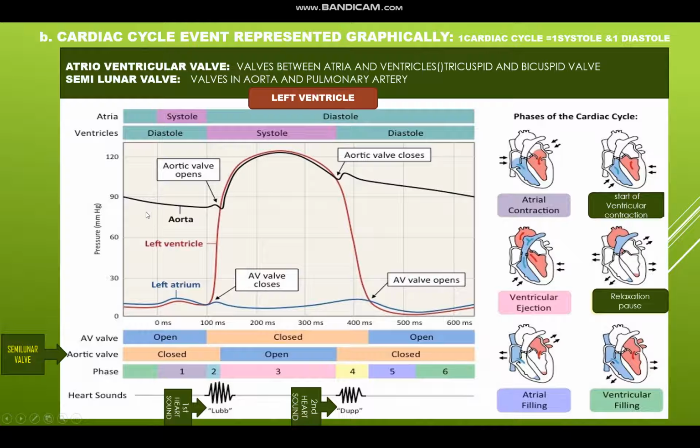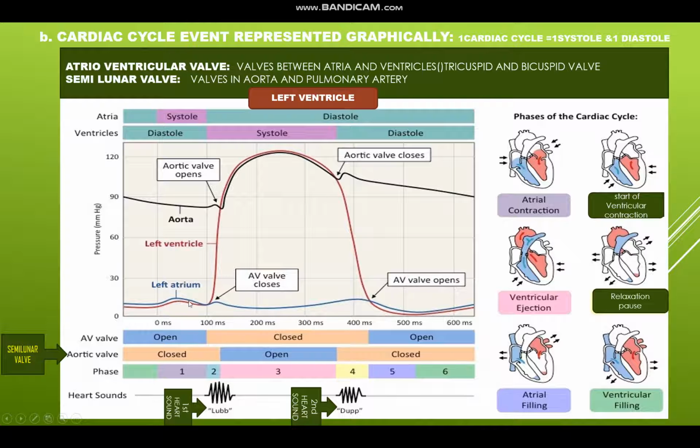Then we need to see which line represents what. Black lines here represent the pressure in the aorta, and the opening and closing of the aortic valve. The blue line represents the left atrium. The amplitude of the wave, or the height of the wave, in the left atrium is small because of the pressure in the left atrium.